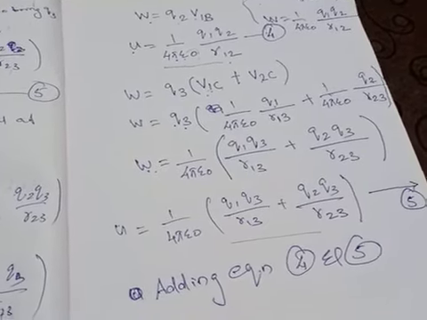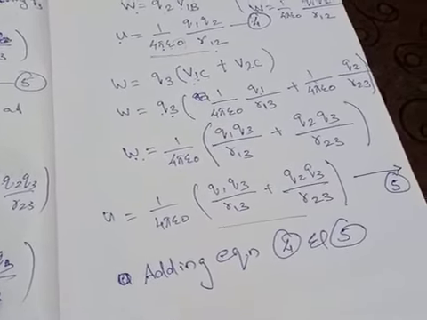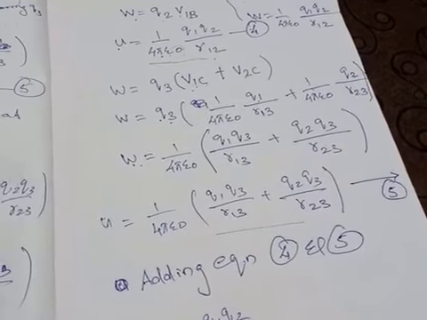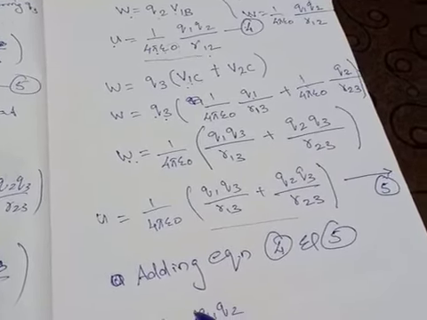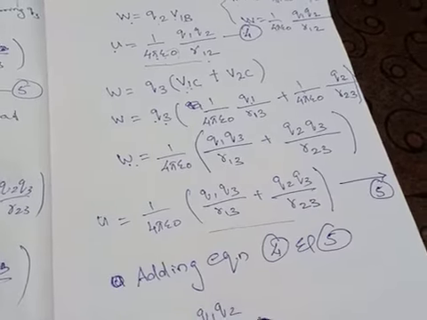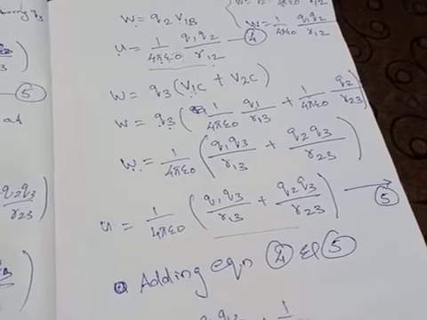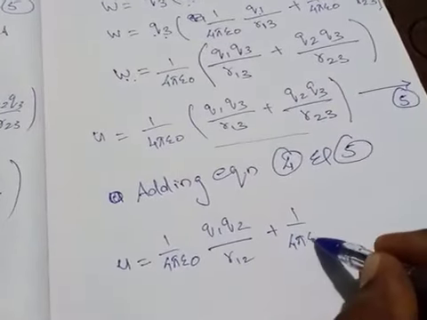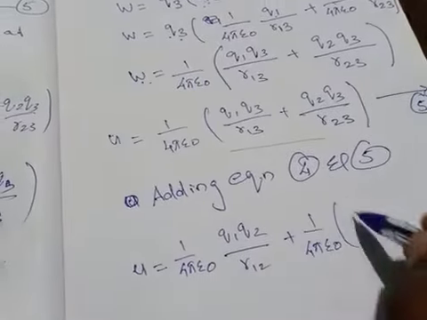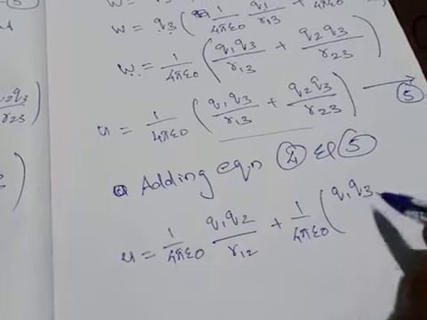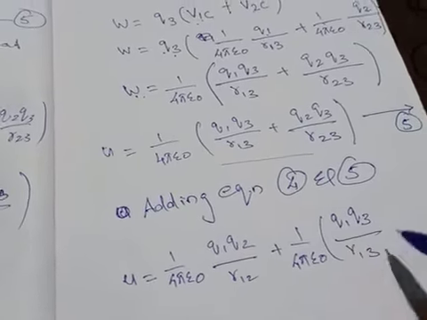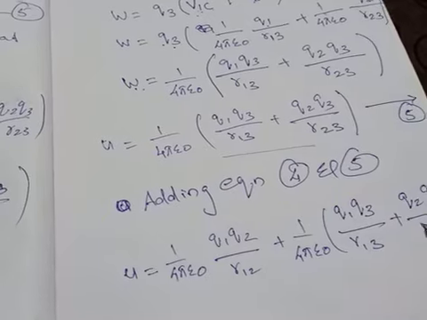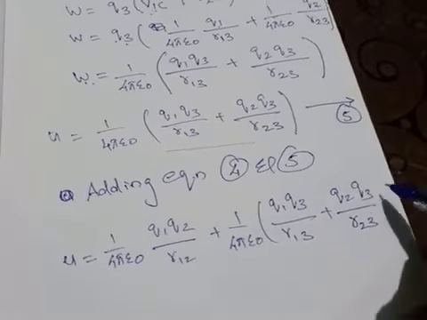So 1 by 4 pi epsilon 0 Q1 Q2 by R12, this is equation 4, plus equation 5, 1 by 4 pi epsilon 0 Q1 Q3 by R13 plus Q2 Q3 by R23.